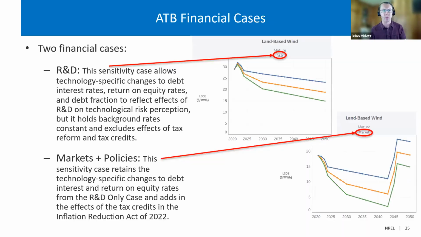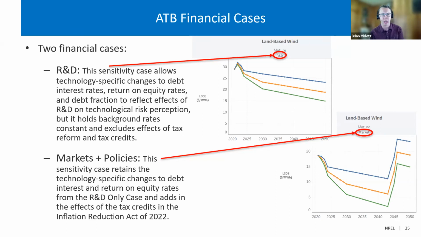So in the ATB, we have two financial cases. The R&D case has specified technology-specific interest rates and debt fractions, but then holds those constant throughout the analysis, such that the analysis shows only the influence of technological innovation. And so if you see that little R&D on a graph, that means that's the financial scenario that you're looking at.